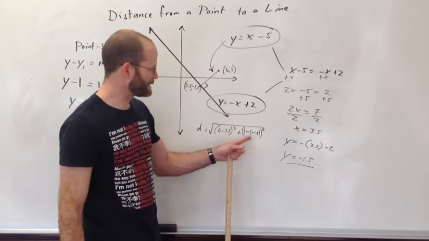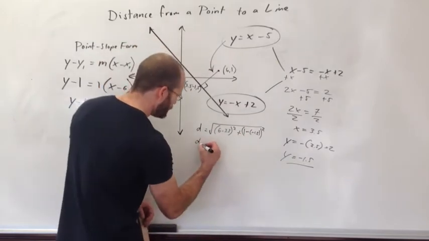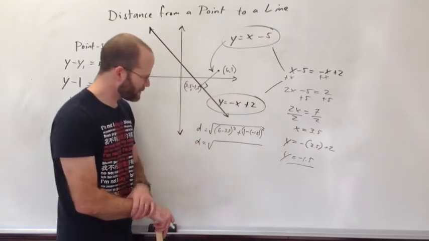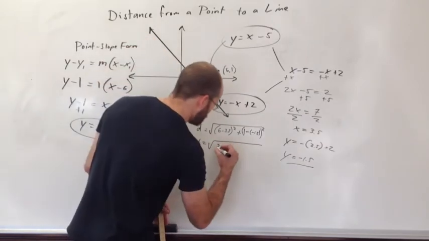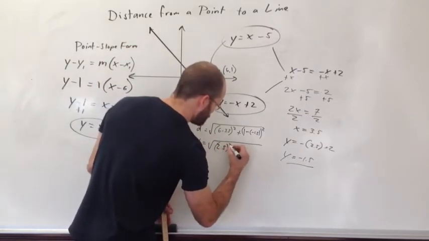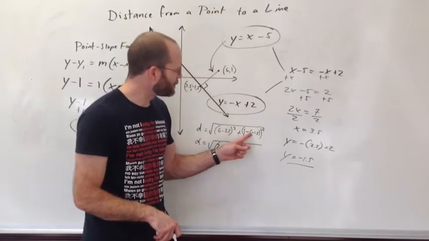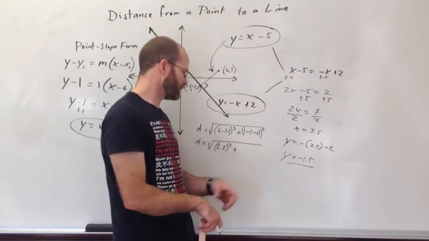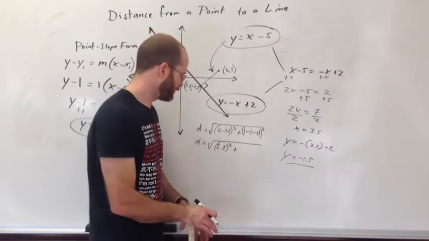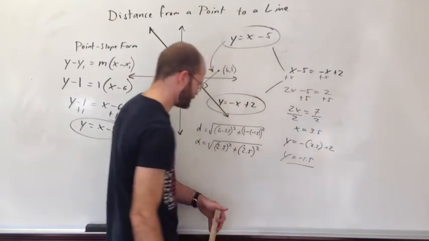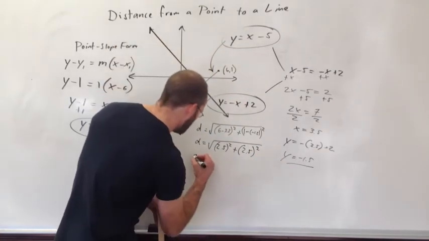You've got to watch your minus signs in here. Therefore, my distance is equal to the square root of 6 minus 3.5 is 2.5, and 1 minus negative 1.5 is the same as 1 plus 1.5, which is actually 2.5 again.